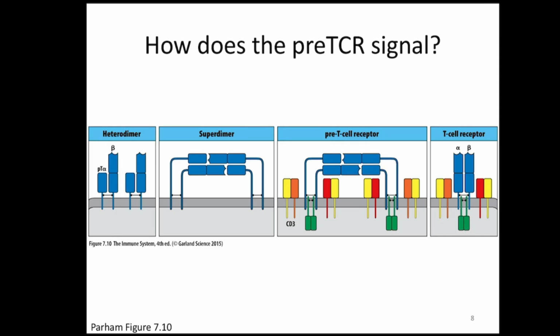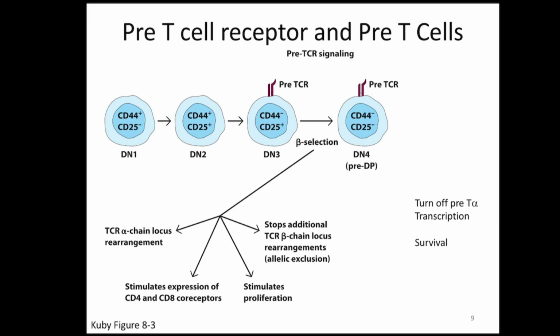And when that cell gets that signal, we're going to have a bunch of events happen, just like we had in the B cell. So the first thing that we need to do is stop additional beta rearrangements.